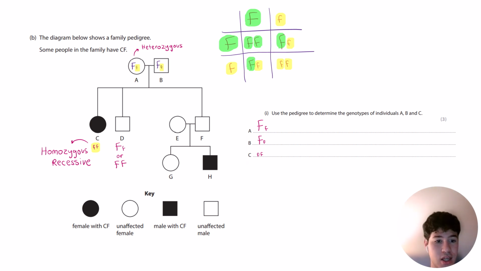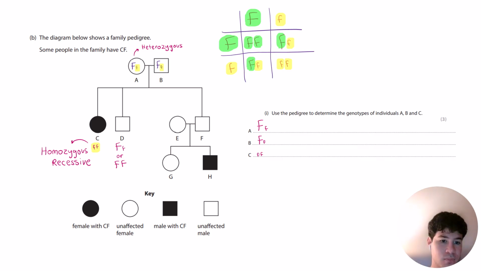Because if one of them is not a carrier, then they wouldn't have the child C, who is infected. So that means the father and the mother must be capital F dominant, and they carry the allele for cystic fibrosis, which is going to be lowercase.